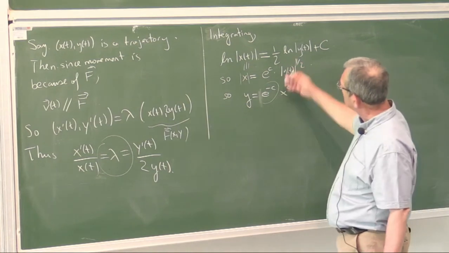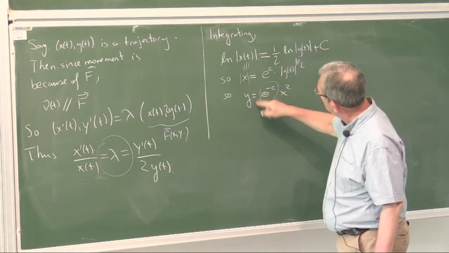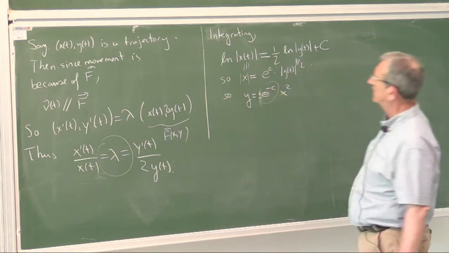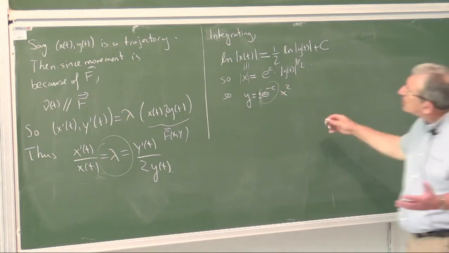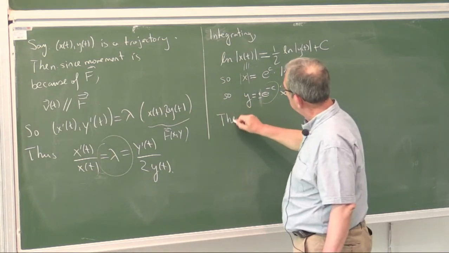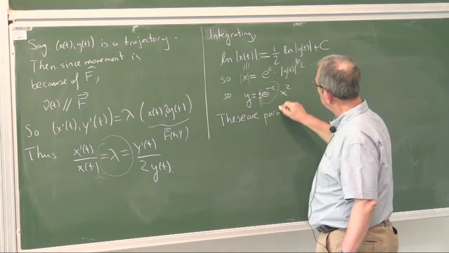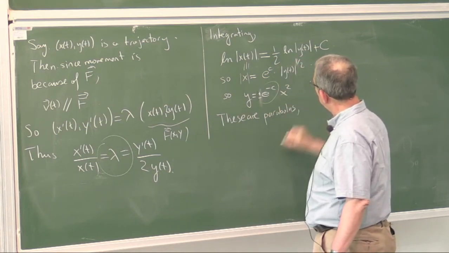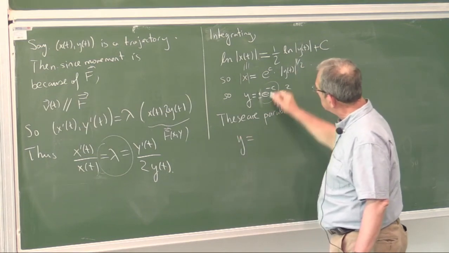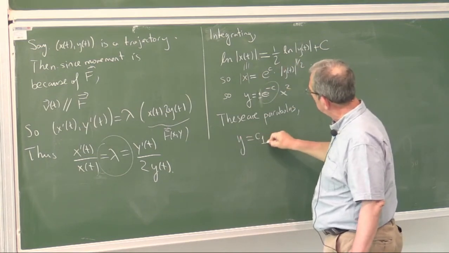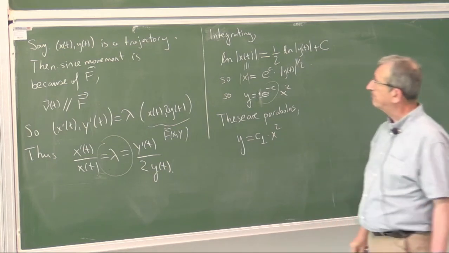So if we have a negative value, we can have plus, minus all the time. So in short, these are parabolas of the form y is some constant times x squared.